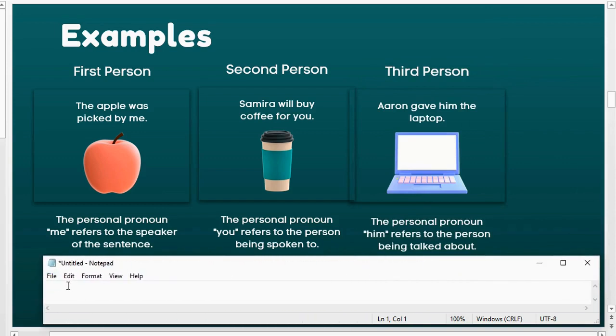The speaker of the sentence is the first person.